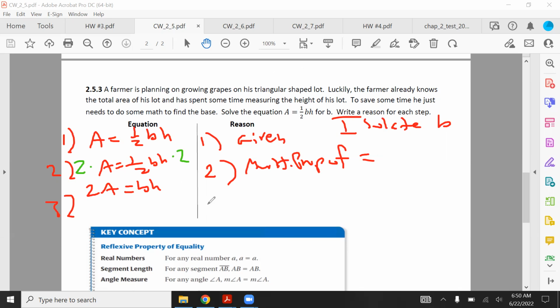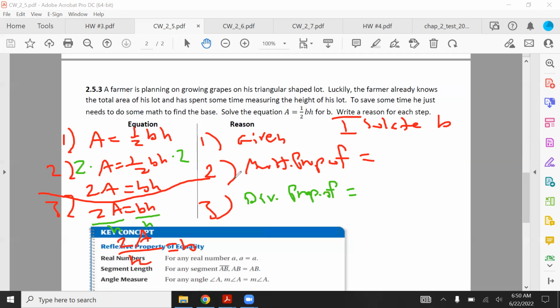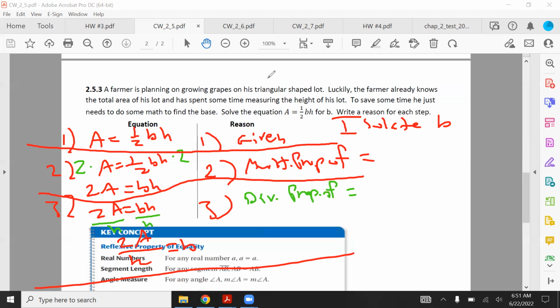And 3, I'm going to divide both sides by h, which is going to be 2a over h equals b. So that's where we separate all the steps. So that's that one.